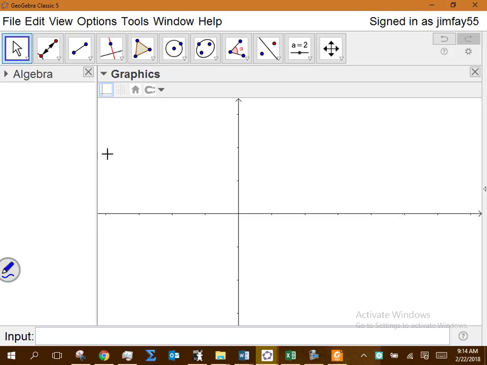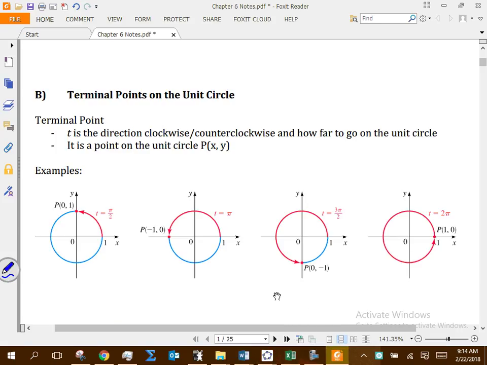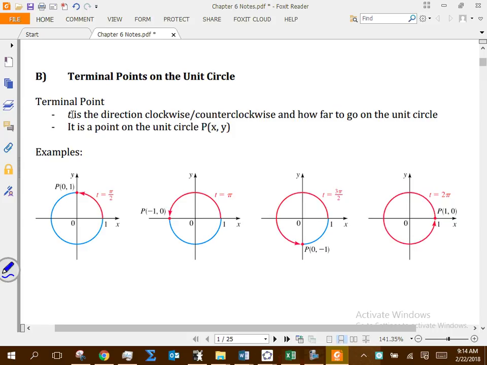So let's talk about what they're referring to here in regards to terminal points. It says terminal points on the unit circle. We're going to refer to something as lowercase t here. Lowercase t is the direction, clockwise or counterclockwise.